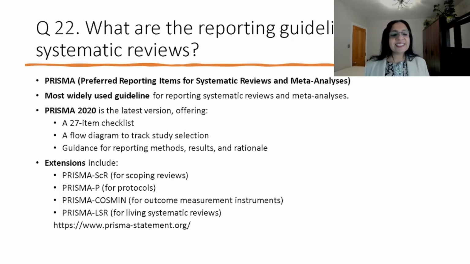Next question is, what are the reporting guidelines for systematic reviews? This is very important because we need to follow these guidelines when we report or publish a systematic review. The most popular and most important one here is the PRISMA checklist. PRISMA stands for Preferred Reporting Items for Systematic Reviews and Meta-Analyses.